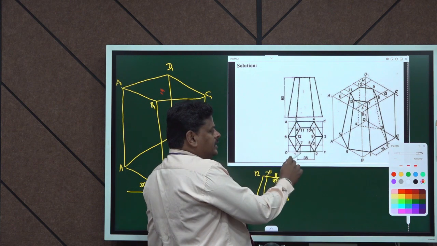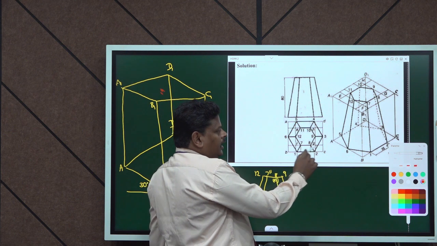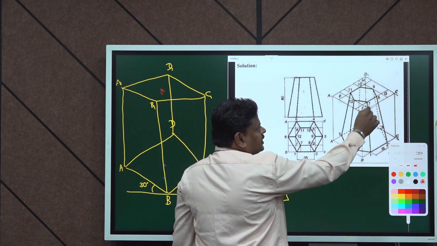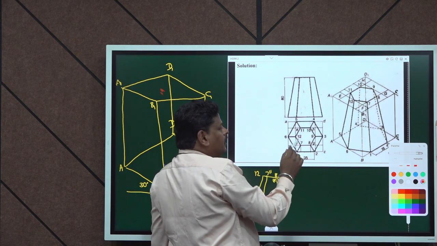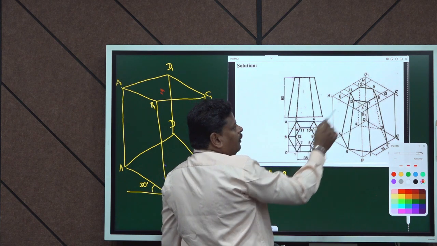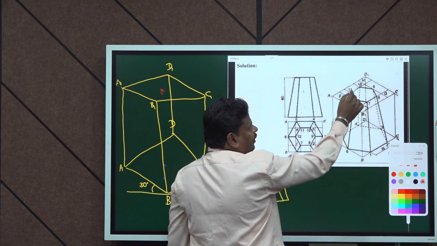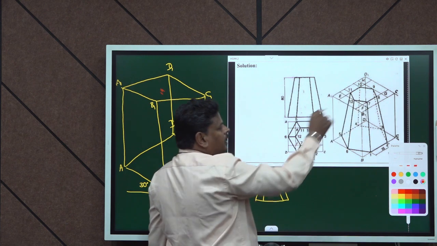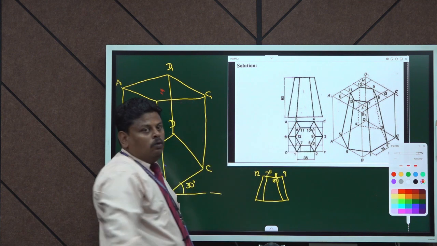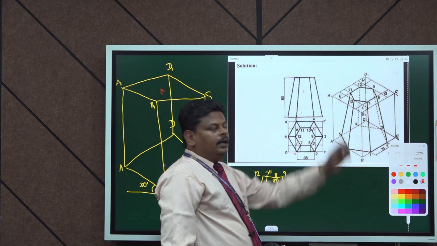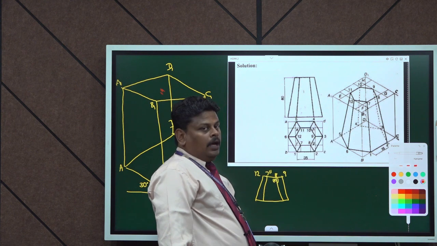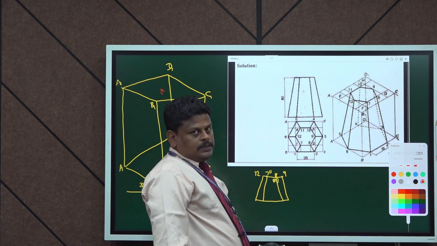Similarly, the cutting points 7 and 8: accordingly, you can see how 7, 8 is pointed over there. Similarly 12, 9, 10, 11. So all the points are indicated as in the small box in the given top view, and accordingly they have been transferred to our isometric top box.